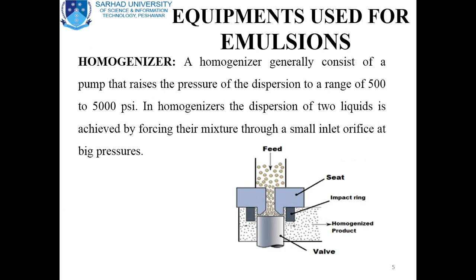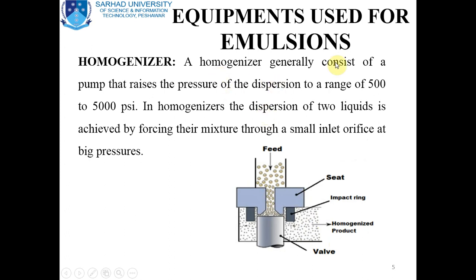You can see in the figure that the unprocessed formulation ingredients, including the active pharmaceutical ingredients, that is unprocessed material, also termed as feed, is introduced into a homogenizer having seeds and also comprising an impact ring, and at certain high pressure this feed is introduced into this type of equipment, which is termed as homogenizer, and at that particular pressure after processing a homogenized product is produced and issued.